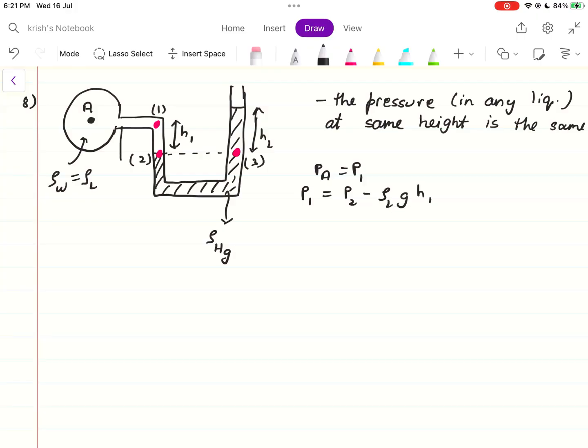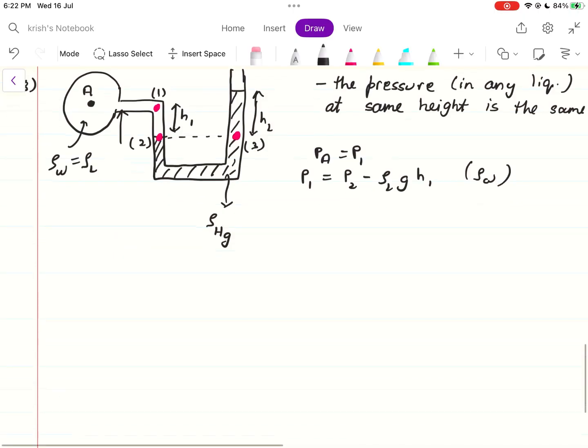So we know that pressure increases by rho G H when we go down, right, in the ocean. So if we are going from 2 to 1, that is upwards, then we have to subtract because that much pressure is decreasing, which is why we are subtracting. Rho L has come here because we are in the water liquid, right? Rho L or rho W. And H1 because that is the height that we are going from 2 to 1.